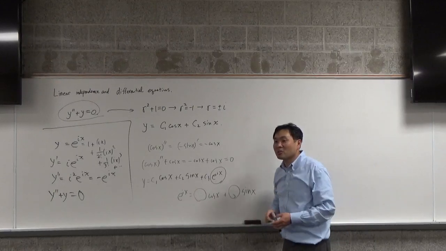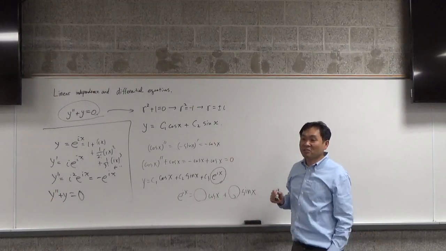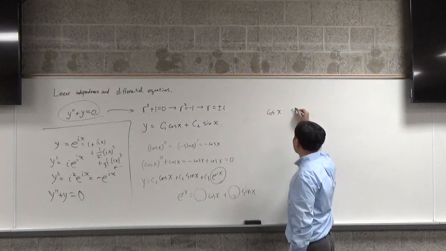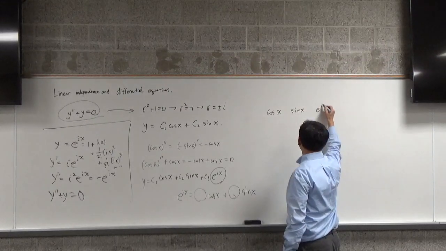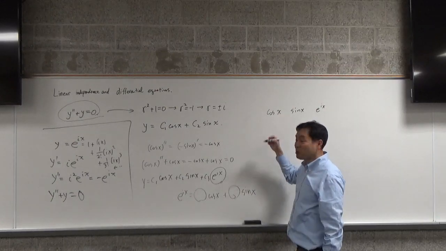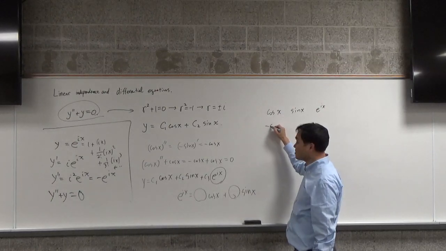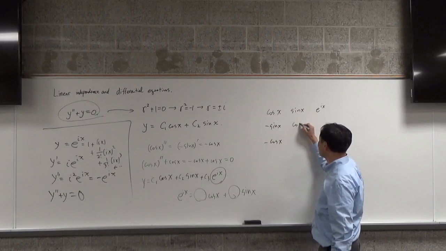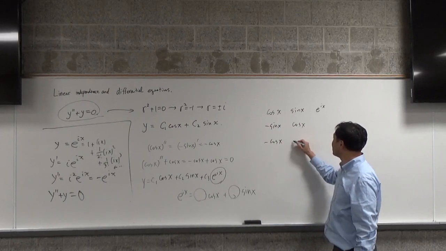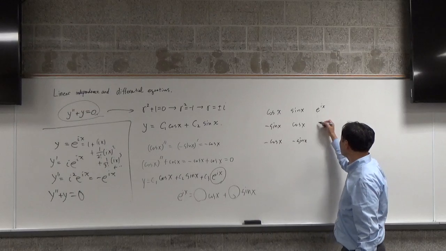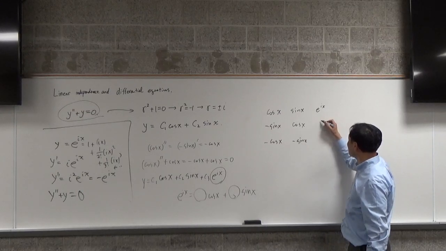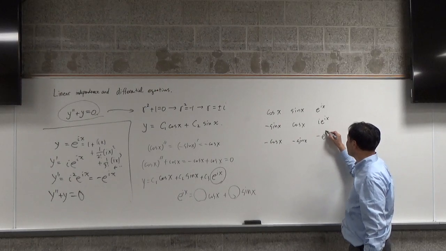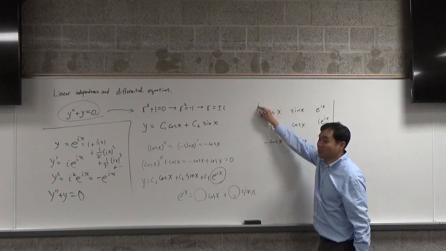But before that, we can also do the Wronskian. We can do cosine x, sine x, e to the ix, and then to make a square matrix, you differentiate once, twice, and then you take the determinant, okay?